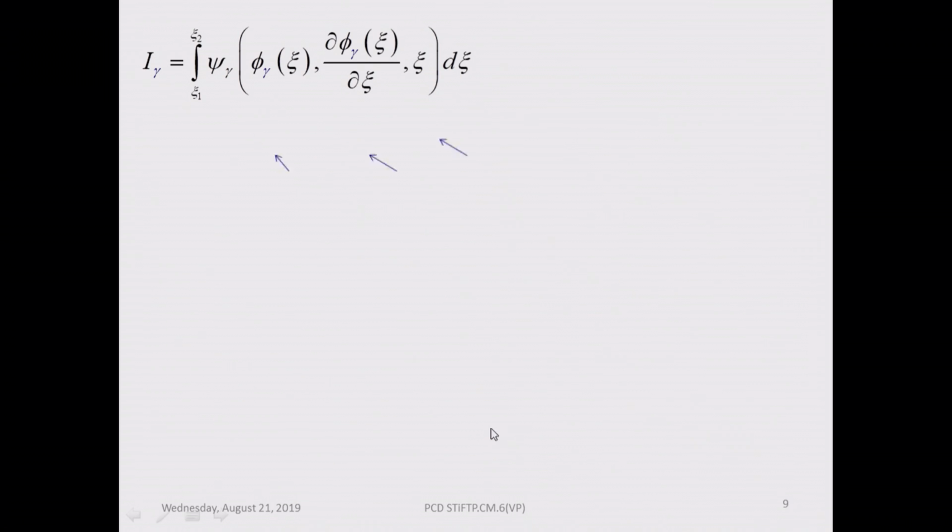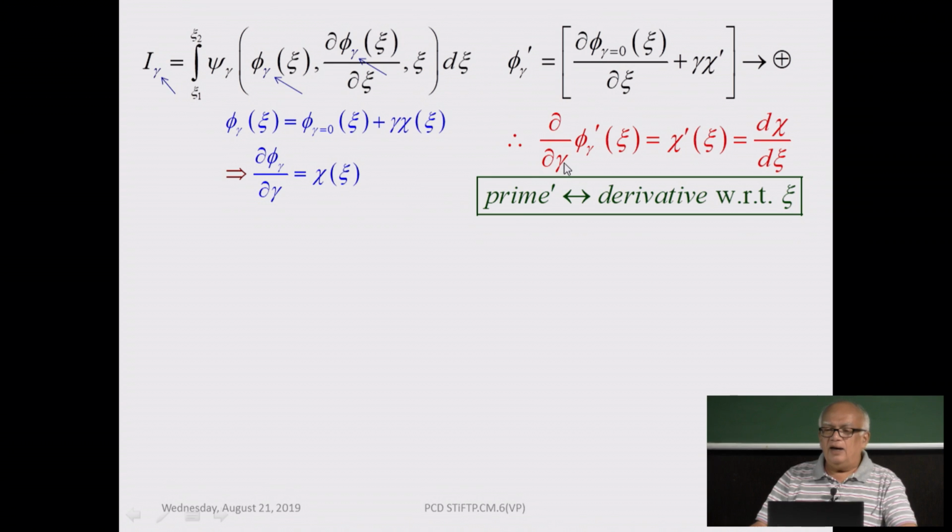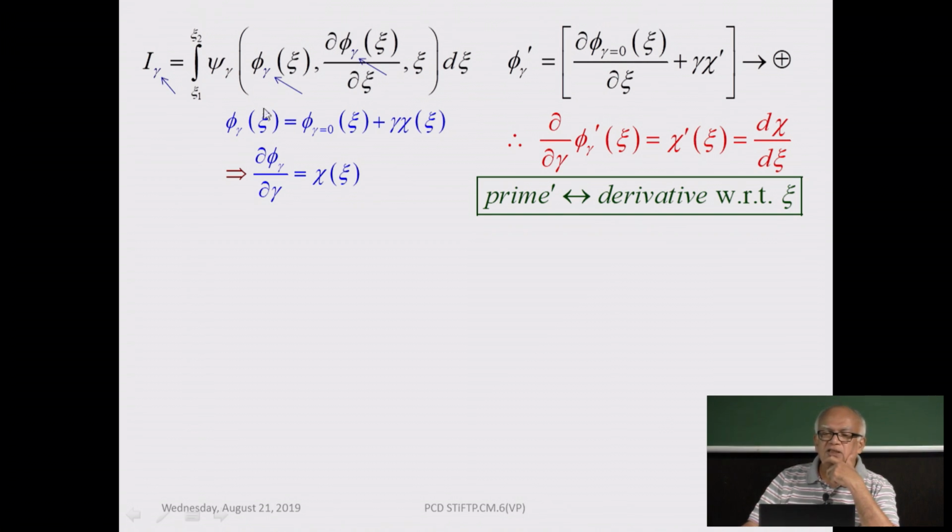So, now we have this relation. So, del phi by del gamma is chi, and you also need the del by del gamma of the derivative of phi gamma with respect to xi, because these are the things which depend on gamma. This one does not depend on gamma.